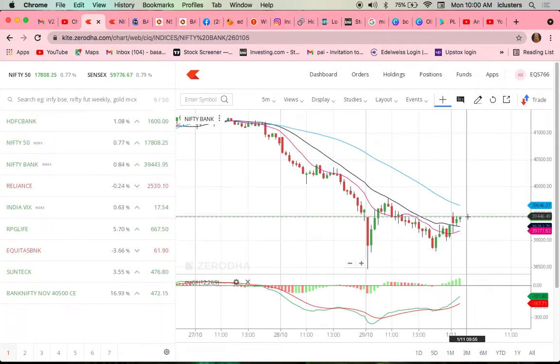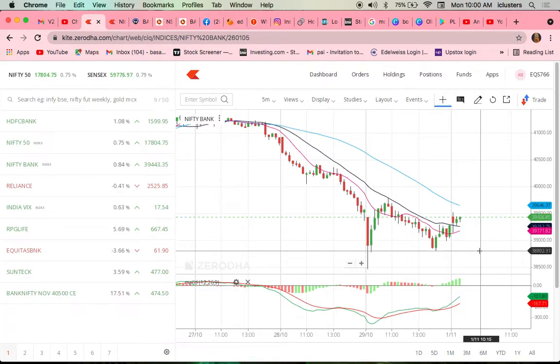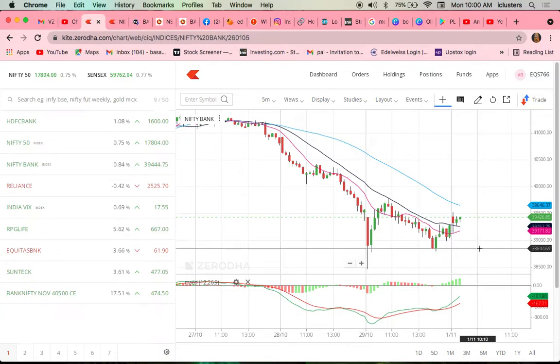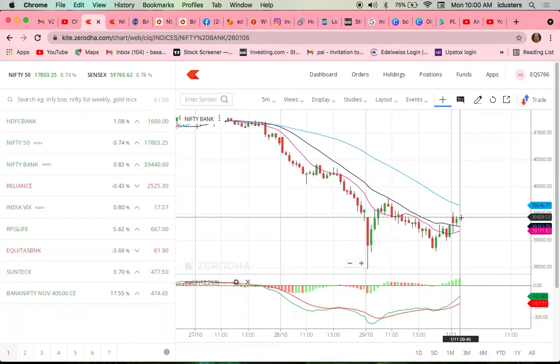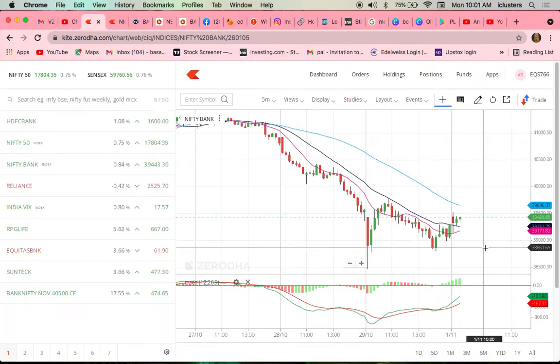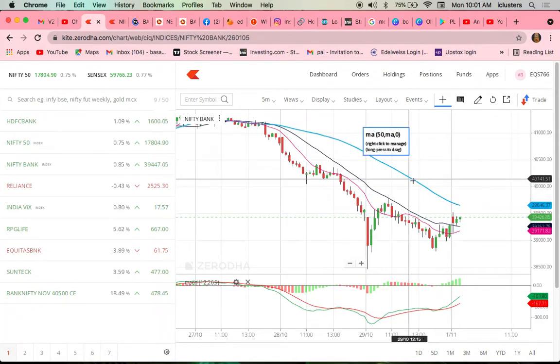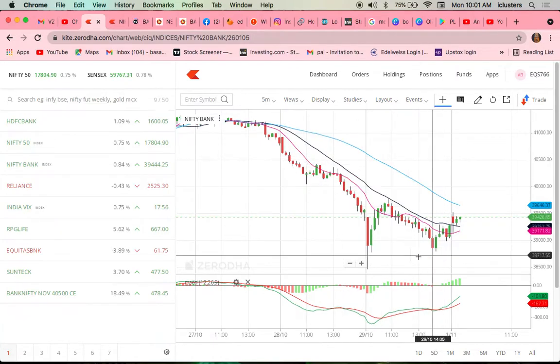If the price does not go upwards and the market trend is reversed, it will fall from here, 39,426, to 39,000, sorry, 38,800. This is the major support area. From here to here there is a chance of falling. This is how we want to analyze the time frame by looking at the charts.